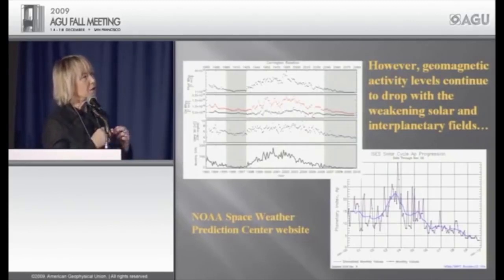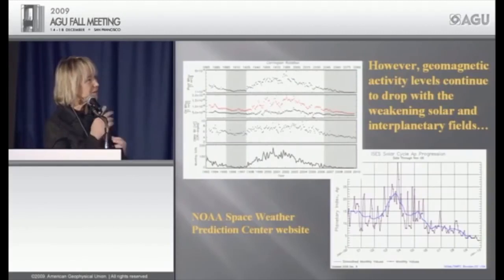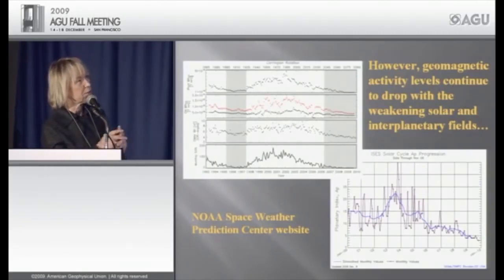So in spite of all of these calculations and assumptions and trying to understand where the interplanetary field is coming from this cycle and how it's being controlled by what's happening on the sun, the fact of the matter is it's still going down. And even though we potentially have these little flurries of activity, so far it hasn't been enough to turn things around.